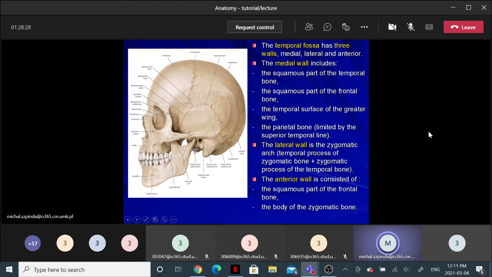Apart from this, we can see that inferiorly, the whole temporal fossa passes freely downwards to communicate with the infratemporal fossa.